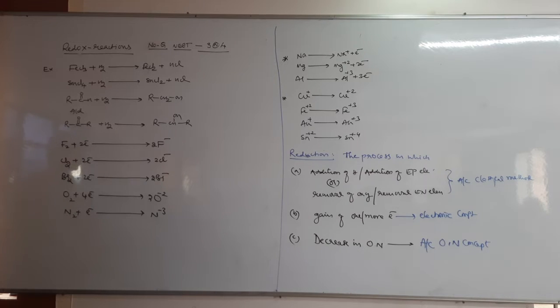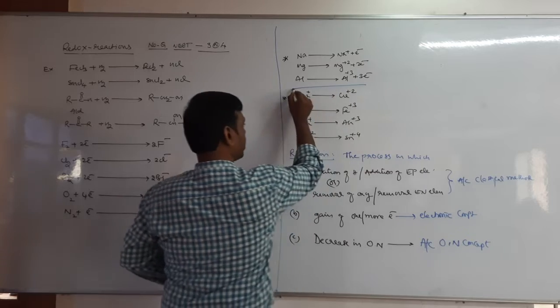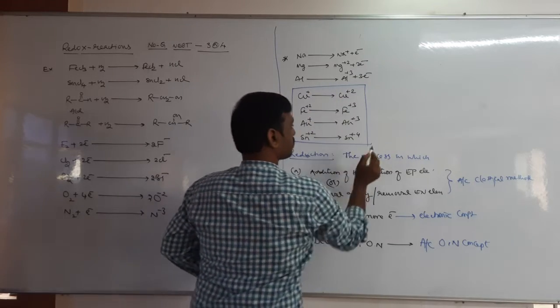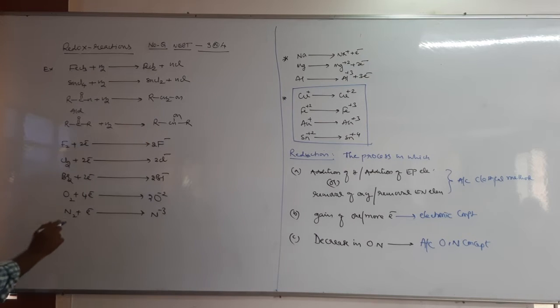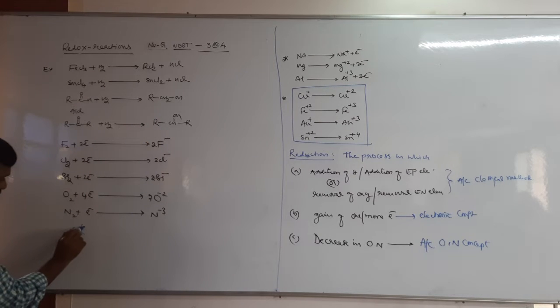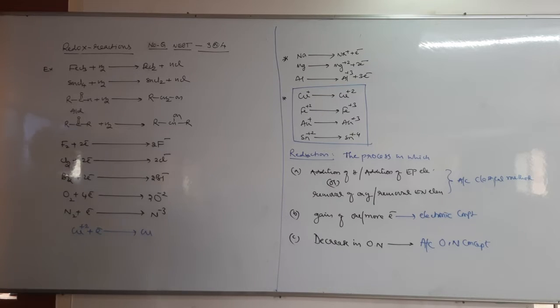Next, this is according to electronic concept. Last one is decreasing oxidation number. You can take exactly quite opposite. So these examples you take reverse. There, Cu plus converted into Cu plus 2. Then what do we write here? Cu plus 2 plus 1 electron gives us what? Cu. Sorry, Cu plus, decreasing oxidation number.